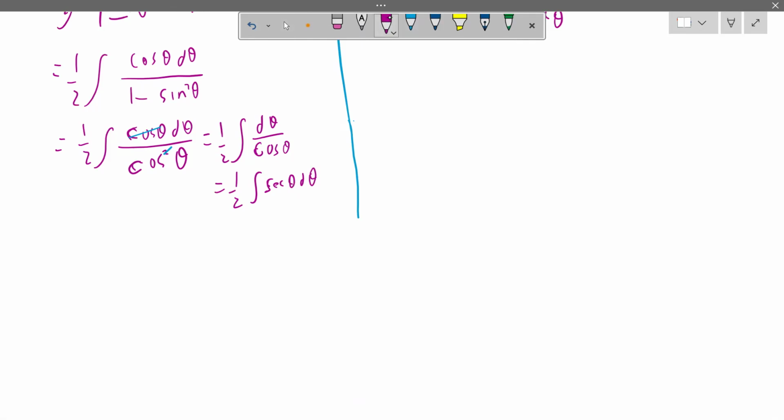Our choice for that something is secant theta plus tan of theta. So you can restate this integral as secant theta times secant theta plus tangent theta over secant theta plus tangent theta.